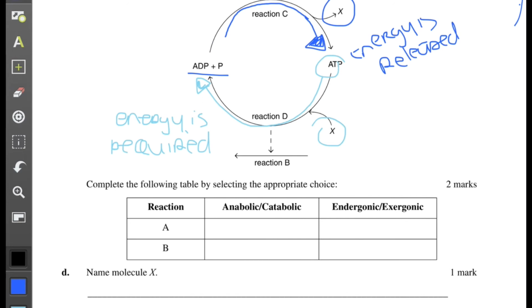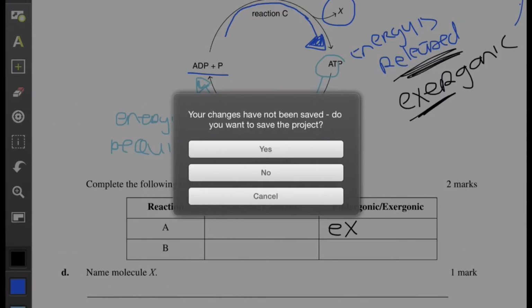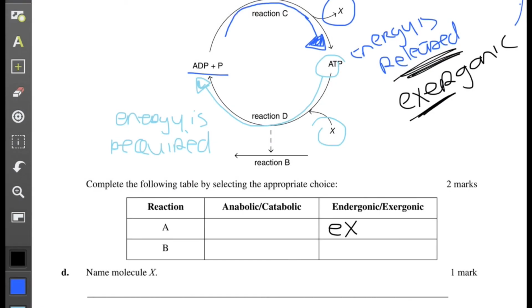If you have a look here, energy is being released, so exergonic. Exer refers to exiting. Whereas reaction B requires energy, so it needs to enter, so it's endergonic.